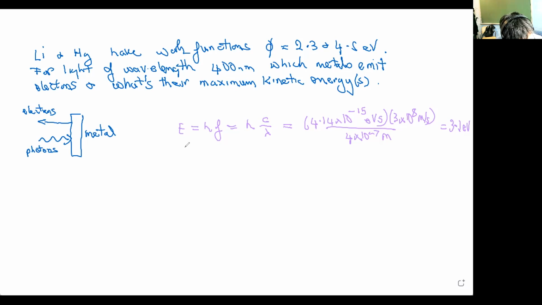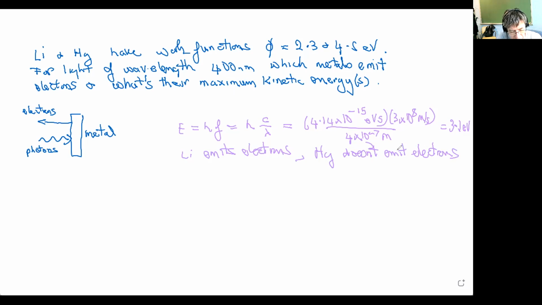So let me just write that down. The lithium emits electrons because the photons have a greater energy than the work function.